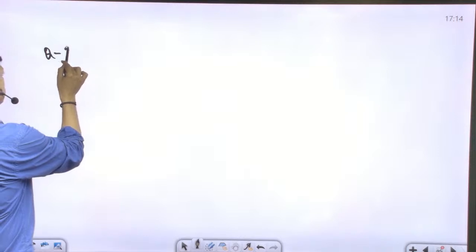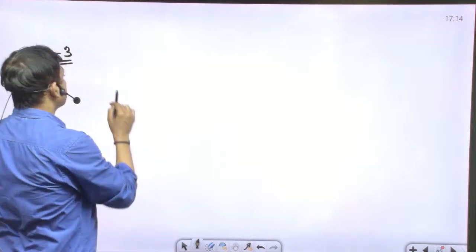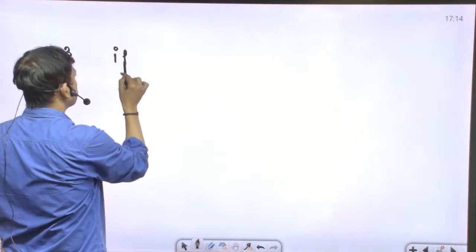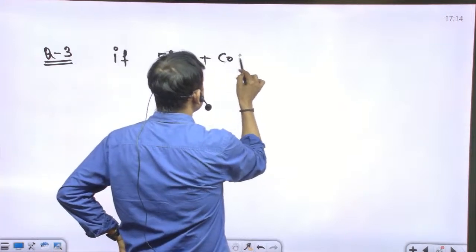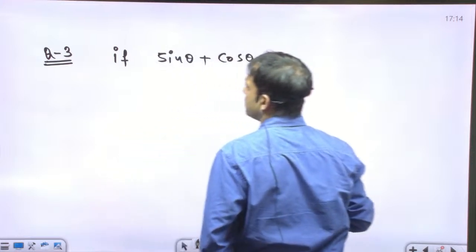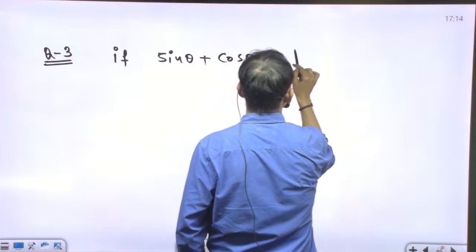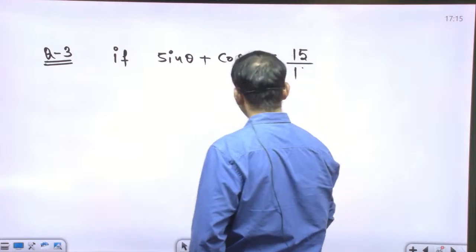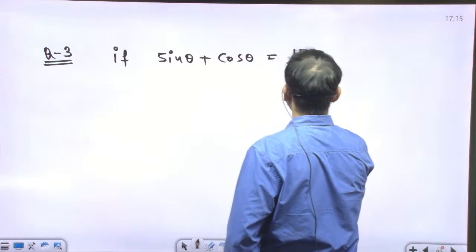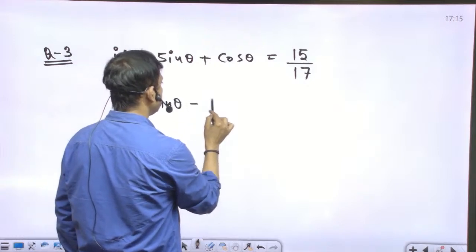Okay. Now take question number 3. Question number 3 is: if sin theta plus cos theta equals 15 by 17, then what will be the value of sin theta minus cos theta?